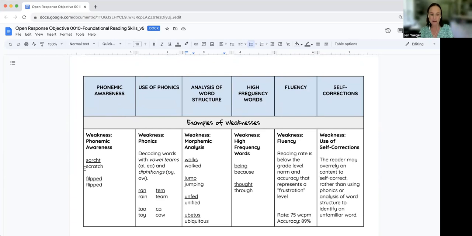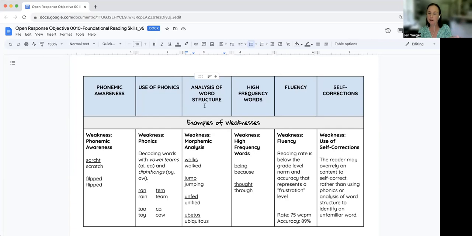So again, a weakness in phonemic awareness might look something like this. Instead of scratch, they said it this way, or flipped, they said filped. So that might indicate a weakness in phonemic awareness. Or if they read the word ran instead of rain, or ten instead of team, or toe instead of toy, that would show you a weakness in reading vowel teams or diphthongs.